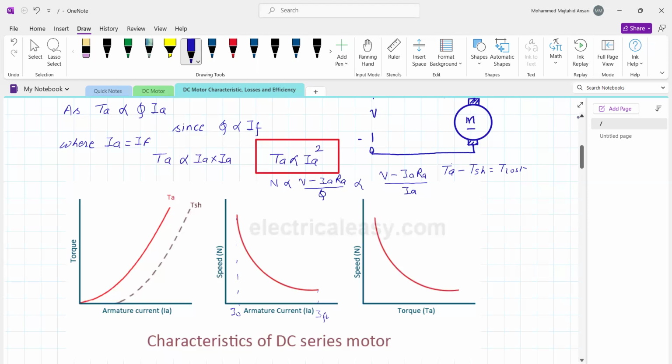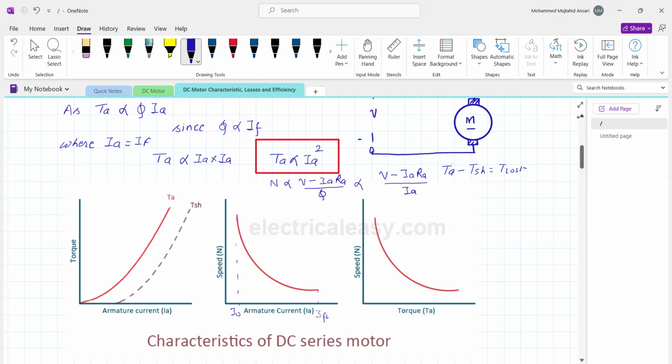Now one more thing, the DC series motor is never started at no load condition, meaning we have to put some load on the motor, otherwise the speed of the motor increases infinitely. Theoretically, the speed of the motor is continuously increasing, and because of this continuous increase, the motor can come out from the foundation, or it will give a very large centrifugal force.